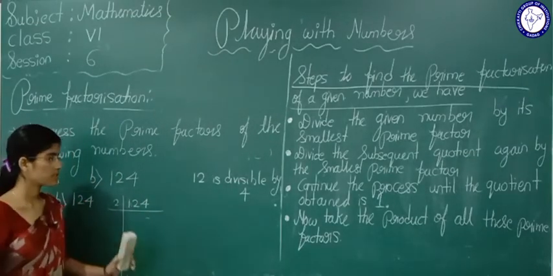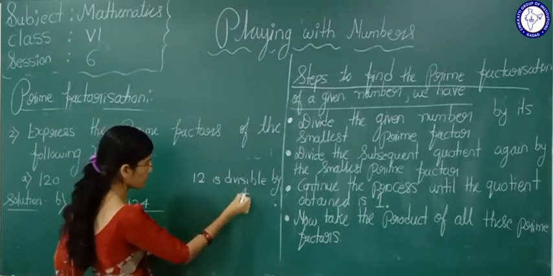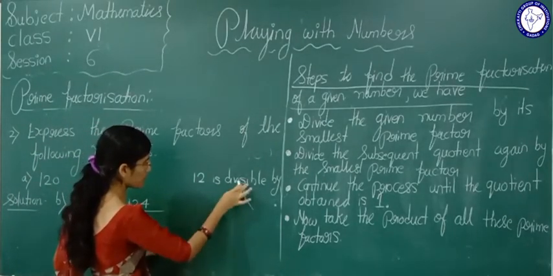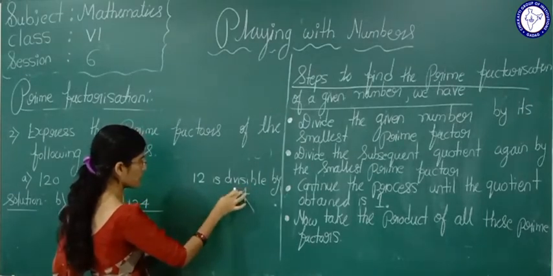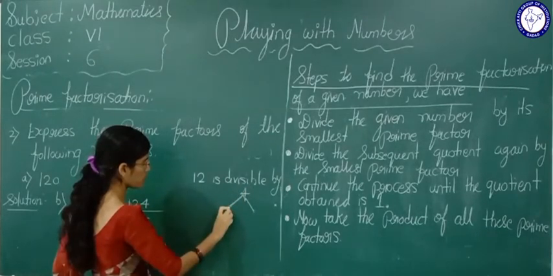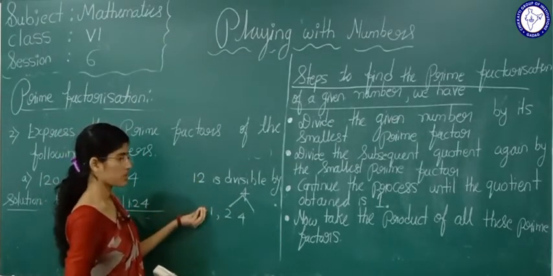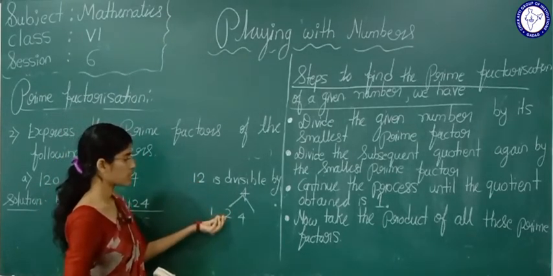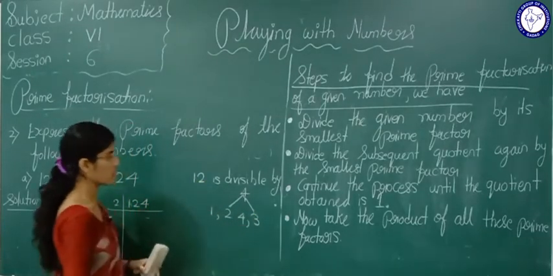If 12 is divisible by 4 means, what we have learned, the rule, we can divide this 12 by the factor of this 4. What are the factors of 4? 1, 2, 4. Yes or no? 12 divided by 1, we are getting 12. 12 divided by 2 is 6. 12 divided by 4, and we can divide by 3 also.